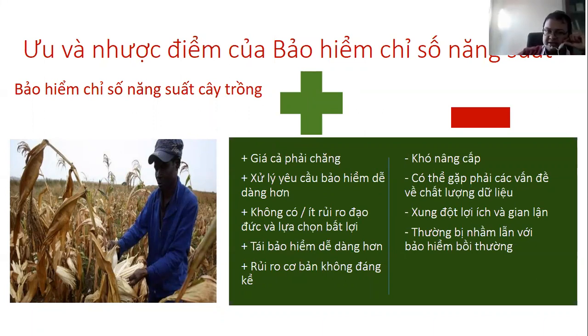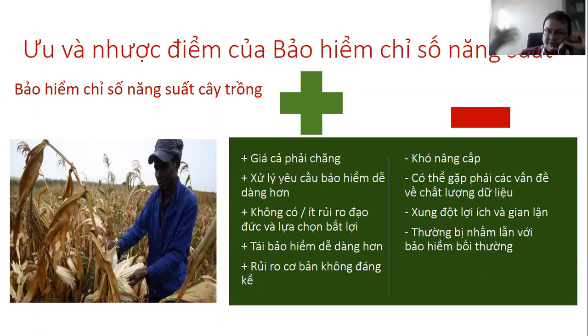Now, yield index is also based on yield being assessed in the field and so on. So you can see that it sometimes becomes easy to confuse the two. Indeed, we have had cases in, for example, Zambia, in Africa, where certain yield index products were misunderstood as indemnity insurance products in the past.